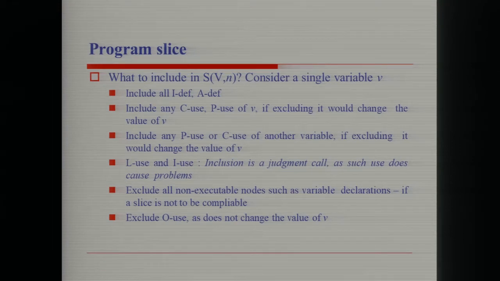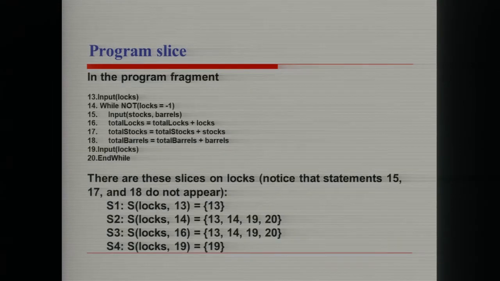If it is not changing the value, we need not include it. Given this condition, you see in number 16 the logs is used on the right hand side. It is not going to change the value of the log variable. It is changing the value of another variable, total logs. So we need not use this particular statement in the slice.